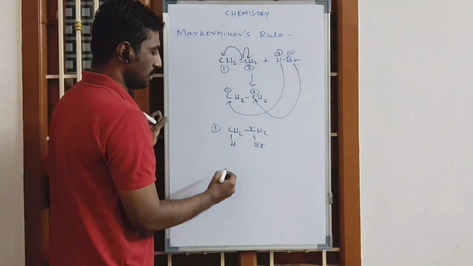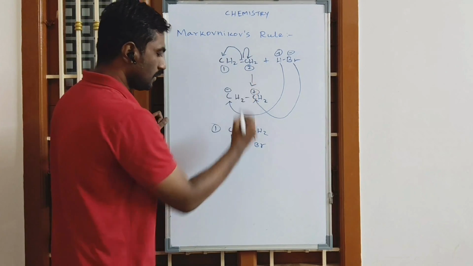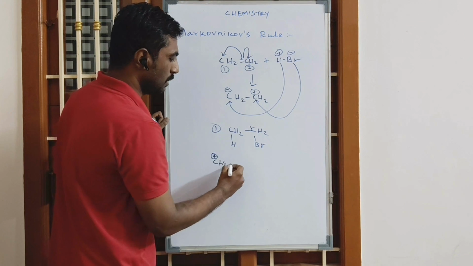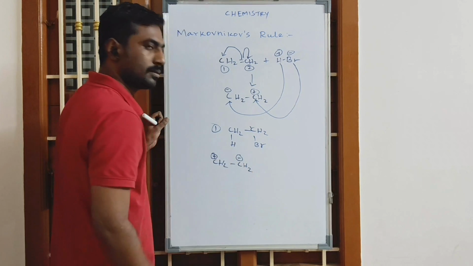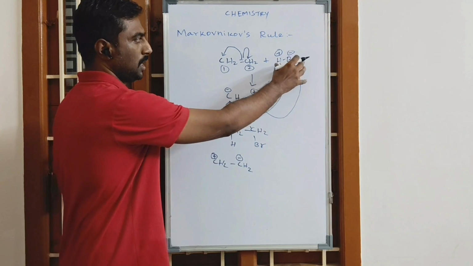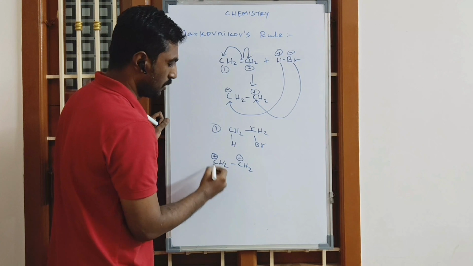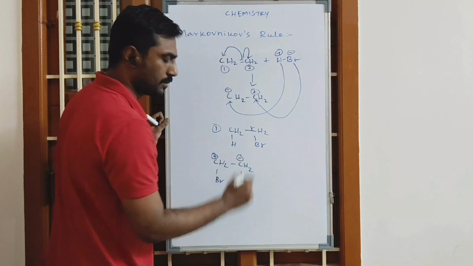Consider the other scenario, when the double bond moves to the second carbon. Then number 1 will have a positive charge and number 2 will have a negative charge. Now the Br will go to the positive charge and the hydrogen will go to the negative charge.